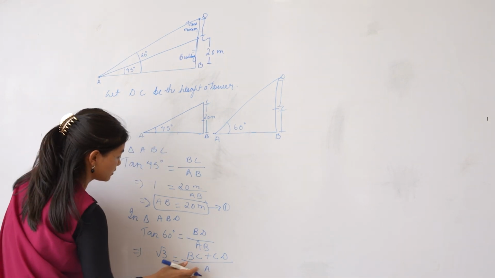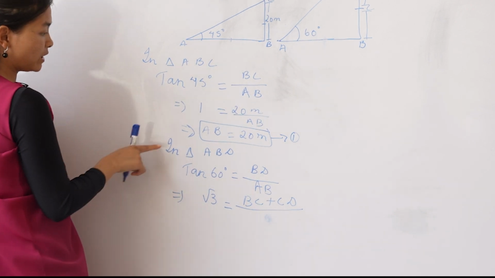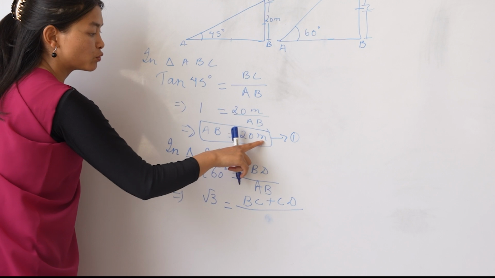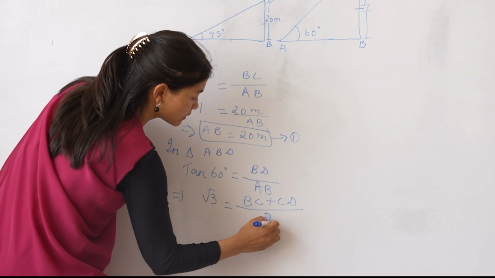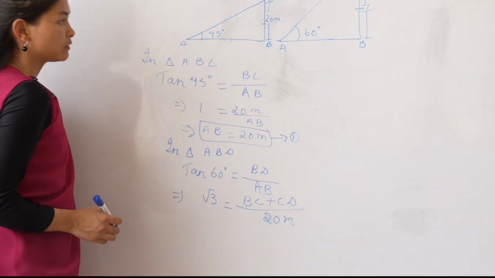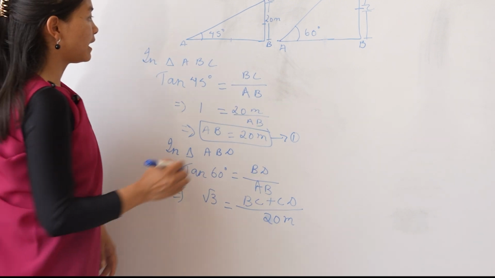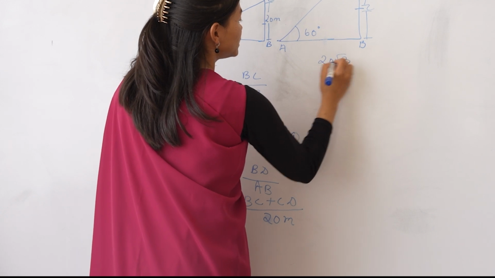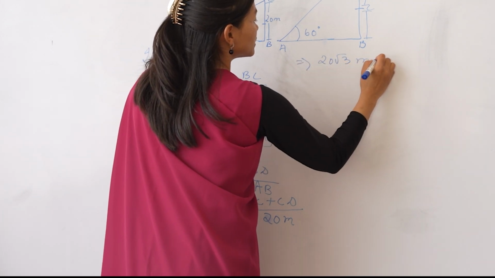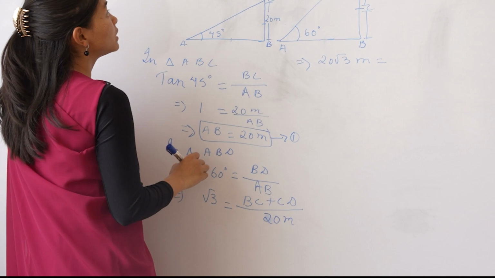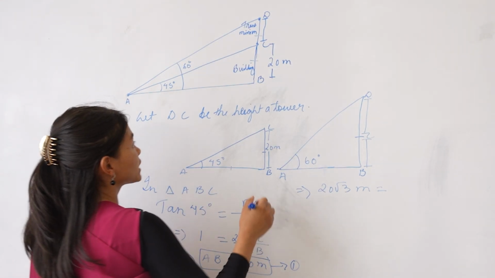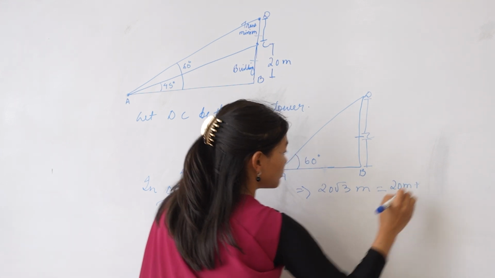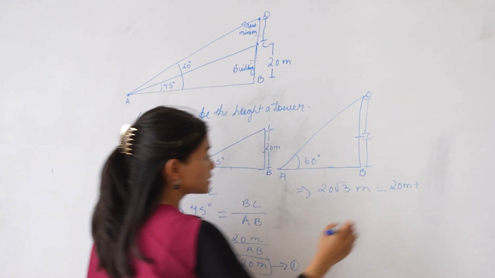AB. Okay. From equation 1, AB is 20 meter. The next step, cross multiply. So 20 root 3 meter equals BC, the height of the building, which is 20 meter, plus CD.